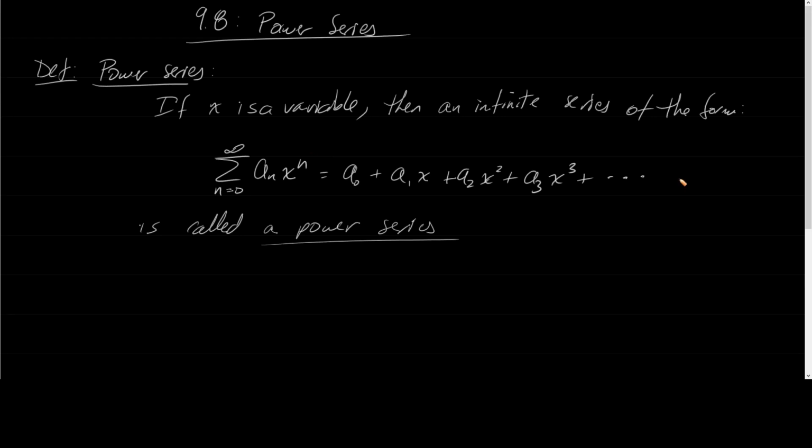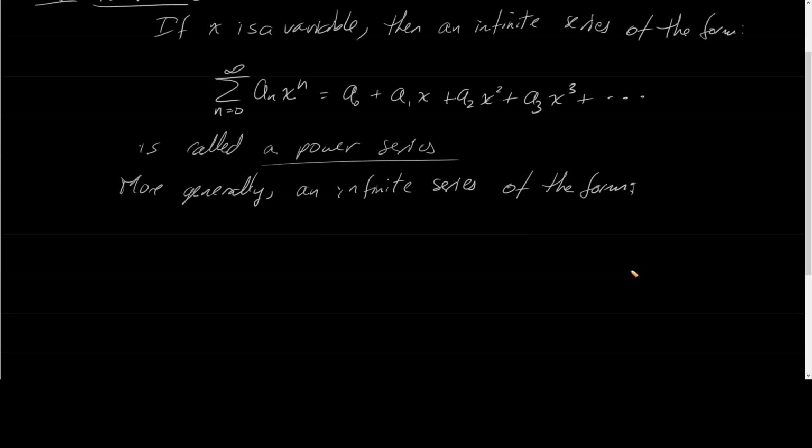All right, now, more generally, an infinite series of the following form, the summation from n equals 0 to infinity of a sub n times x minus c to the n, right?